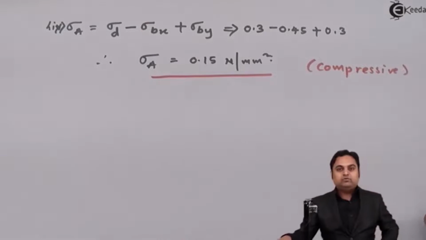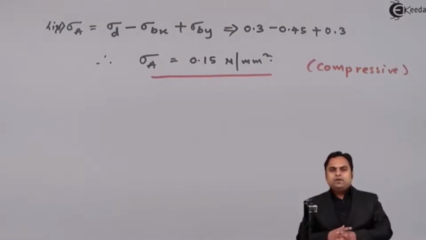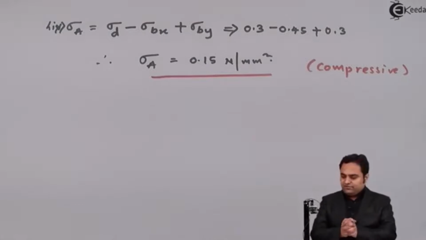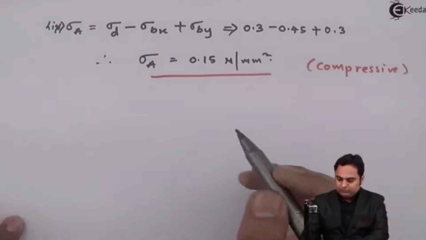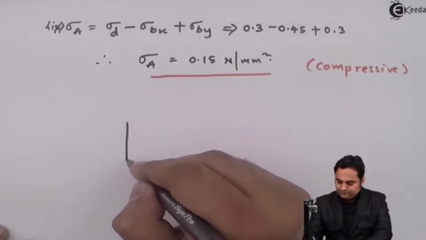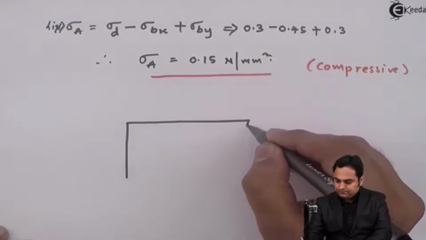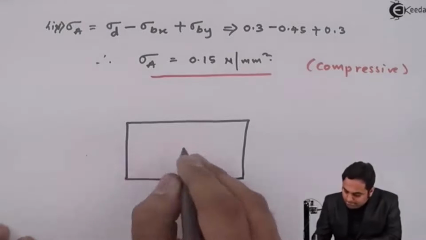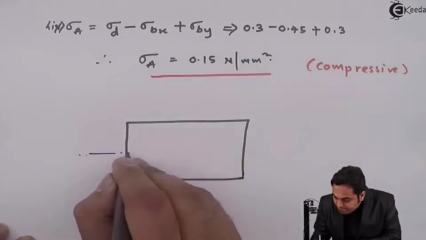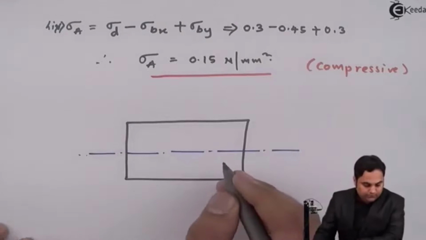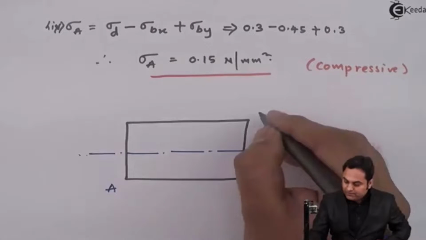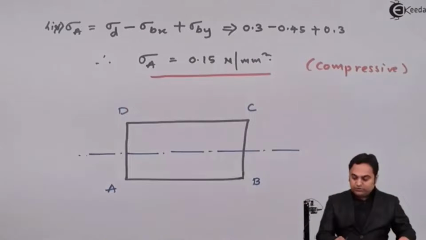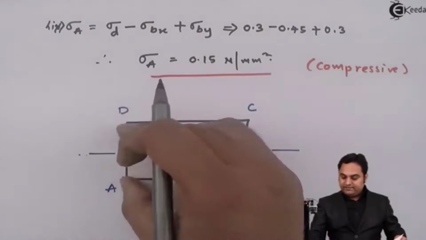Now after we have found out the stress at all corners, we can know what the stresses acting on the faces are, as asked in the question. So for that I'll have to draw the rectangle. Now here I'll mark the corners A, B, C and D. First I'll start with A and D, that is this face.